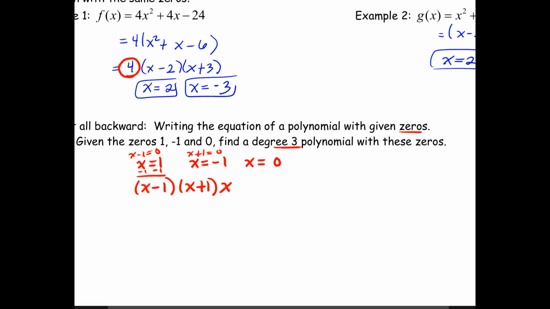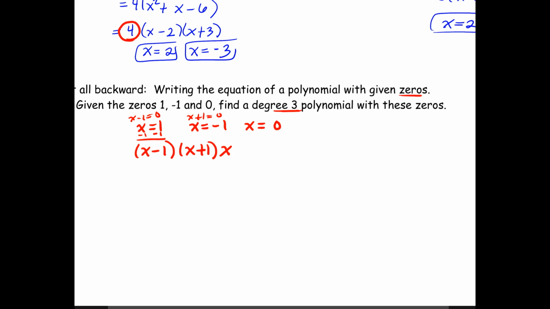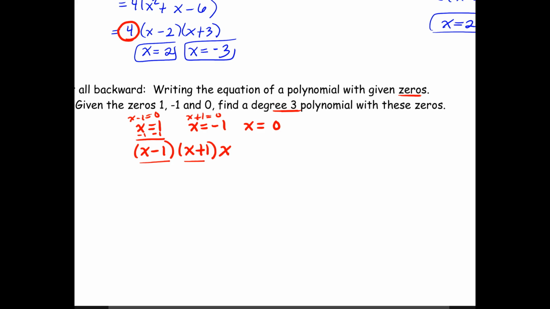And now I'm going to take this and just multiply it out. So what would I do with the first two pieces? FOIL. So that would give me, do you guys remember the shortcut? Let's get some shortcuts in here with all this algebra. Do you remember a minus b times a plus b? Yeah, it becomes a squared minus b squared. So what would x minus 1 times x plus 1 become? x squared minus 1.